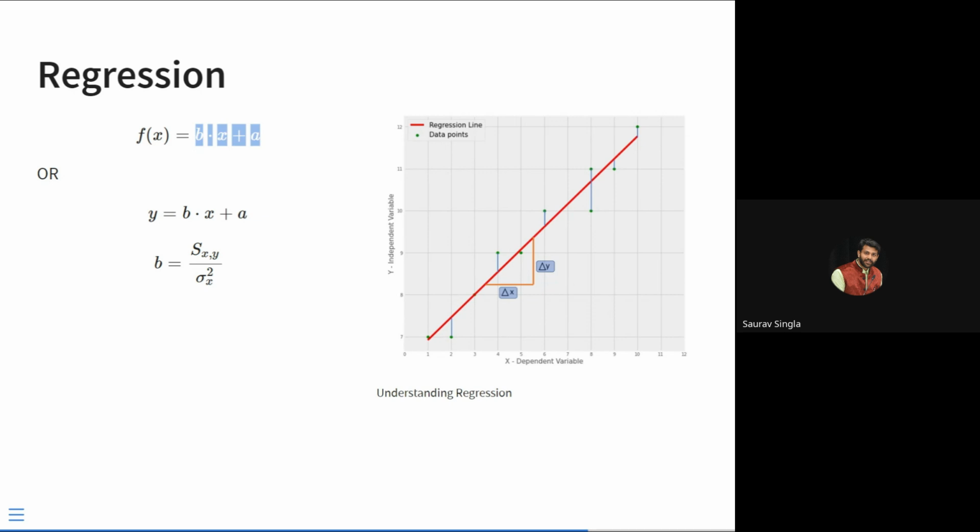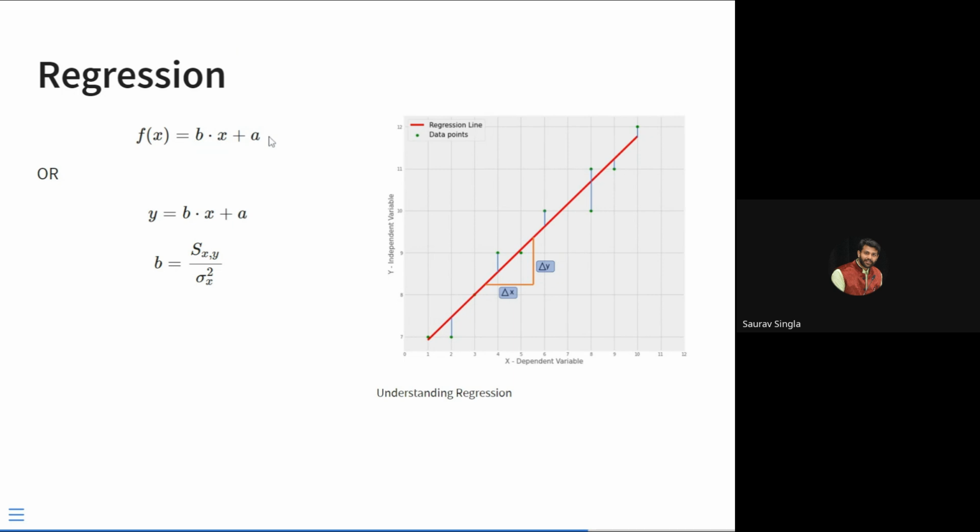So in case of a straight line, m is telling you the slope and c is telling you the intercept. Okay, we'll come to what is slope, what is intercept later. But we are trying to figure out that m and that c, which in regression are called b and a.